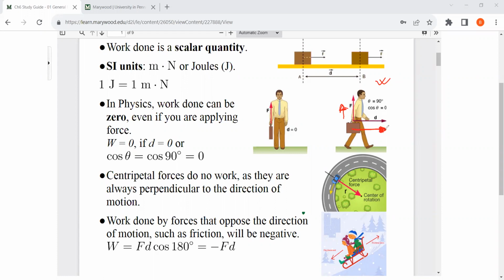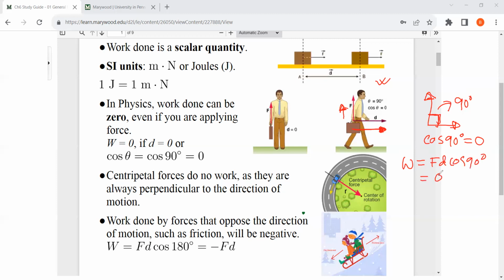The angle between force and displacement is this angle, and it is 90 degrees. You know that cosine 90 degrees is equal to 0. So W equals F D cosine 90 degrees, which is equal to 0.